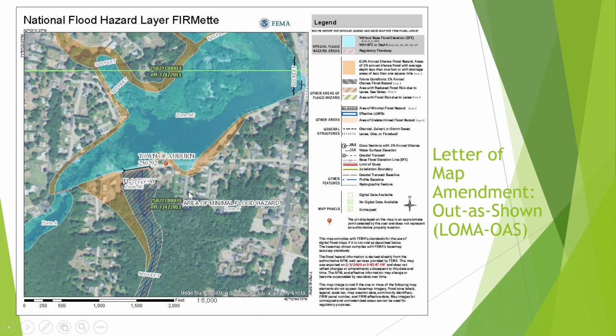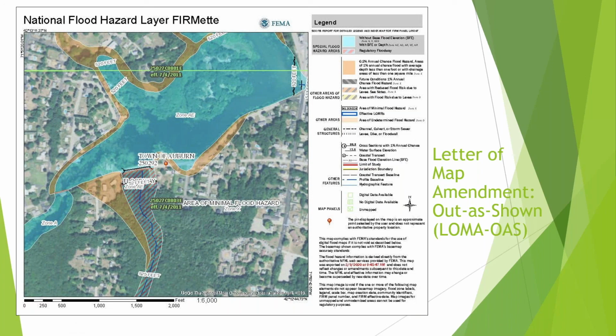But in this case, you would say to whoever you're working with, gee, it looks like your property might be out of the floodplain as shown on the FEMA map. So there's a possibility that that structure, wherever it is, is not in the floodplain, just basically by looking at the map.